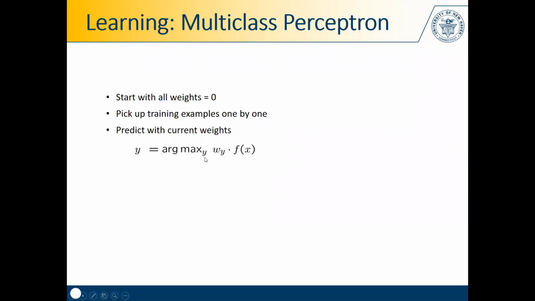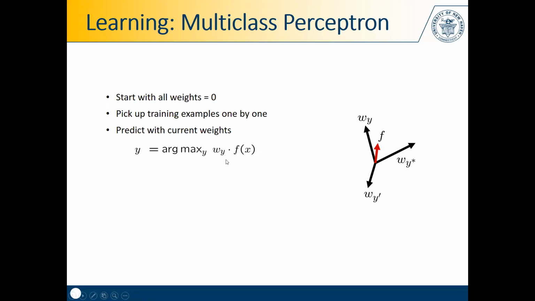Let's say we have 3 classes. So we do W1, the weight vector for class 1, dot product with f of x, W2, the weight vector for class 2, dot product with f of x, and W3 dot f of x. Then we'll see which of the values of these dot products is the largest. And then we'll say the class that produced the largest value is the prediction of that model.